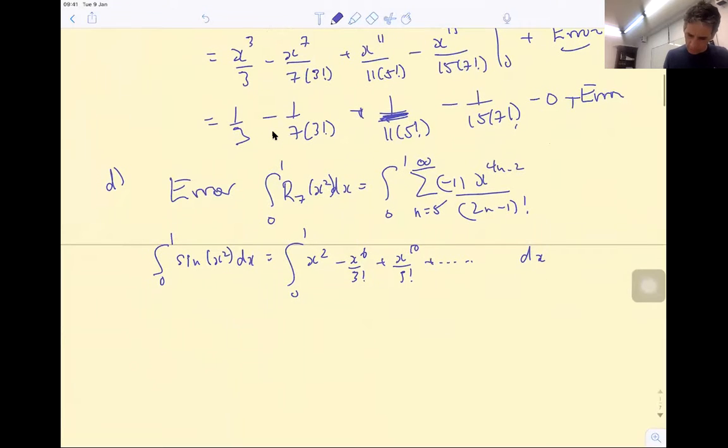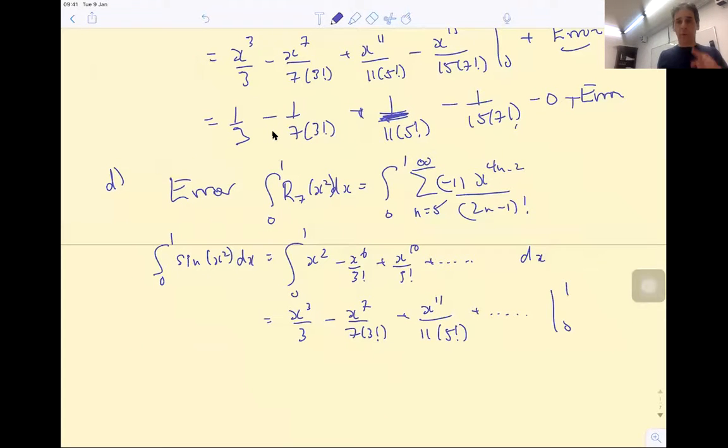And if we were actually to do that, we'd see that we'd have x to the 3 over 3 minus x to the 7 over 7 times 3 factorial. So I'm just going to take the definite integral here, not splitting between an approximation, but actually taking the definite integral of the whole thing. And this is evaluated between 0 and 1.